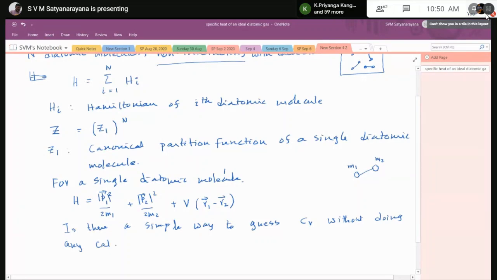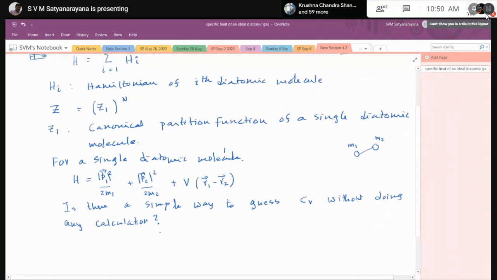Our guess may be wrong, but it is better to make a wrong guess than not guessing at all. So I just want to know, is there a way to guess?